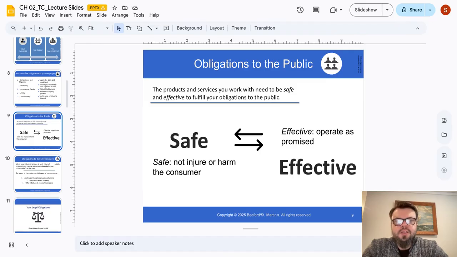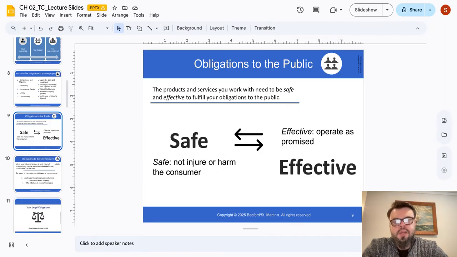What complicates this is the imbalance of knowledge. Manufacturers and organizations almost always know more about their products than consumers do. Because of that, courts and ethicists generally place greater responsibility on organizations to warn users, explain risks, and communicate clearly.